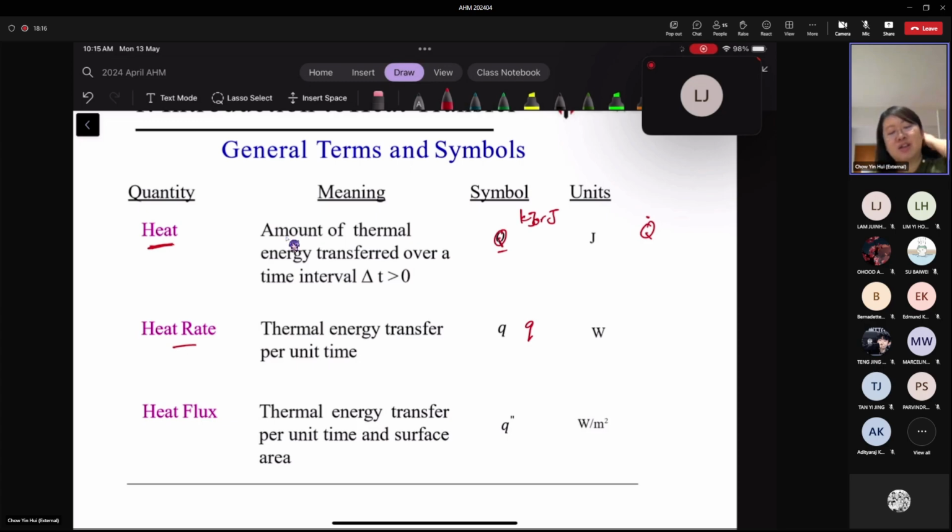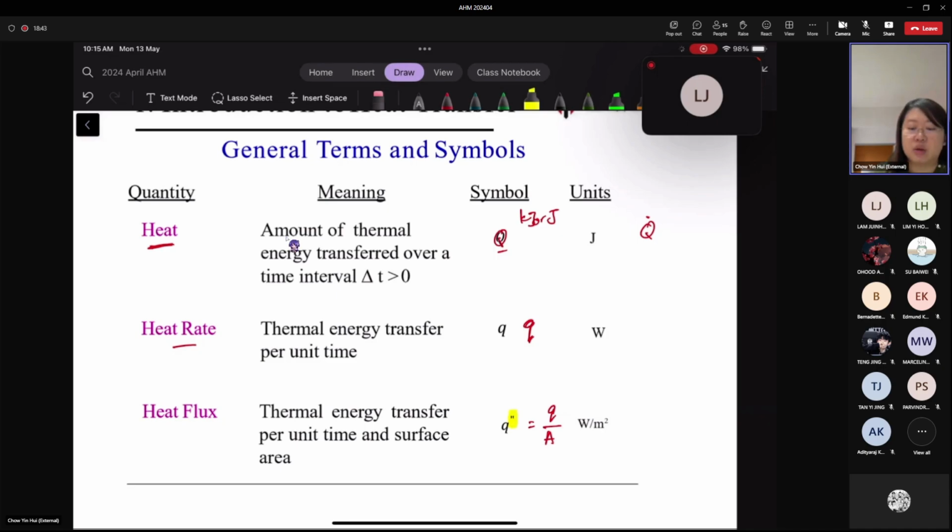For most of the references in this module, the lecture notes and the tutorial solution, when you see the small q, it means the rate of heat transfer, which is energy transfer per unit time, thermal energy transfer per unit time. If it's heat flux, it equals the rate of heat transfer divided by area. You can see that for this module, they use this double prime.